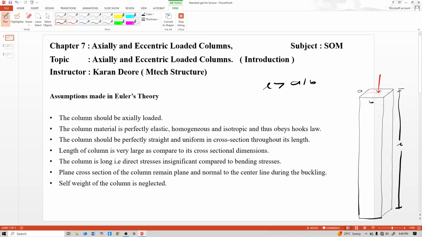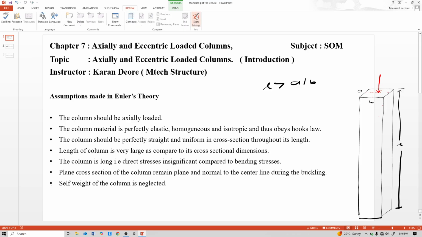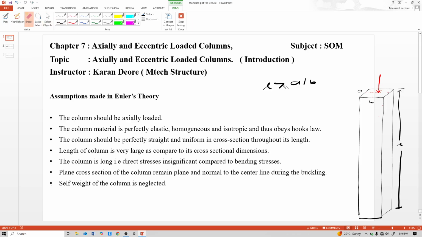Now next, the column is long, that means direct stress is insignificant compared to bending stresses. See, when the column is long, then bending stresses are always maximum. Due to buckling, stresses come.